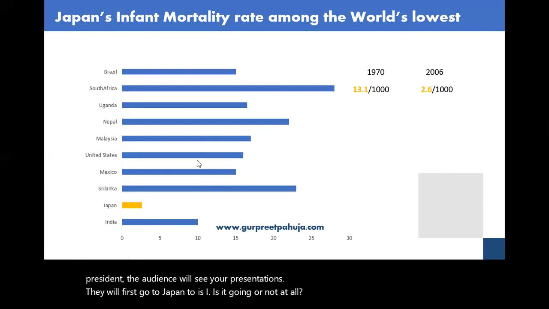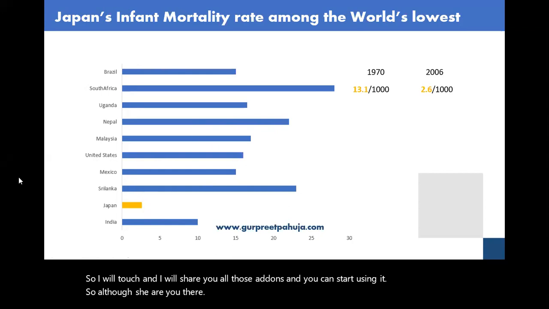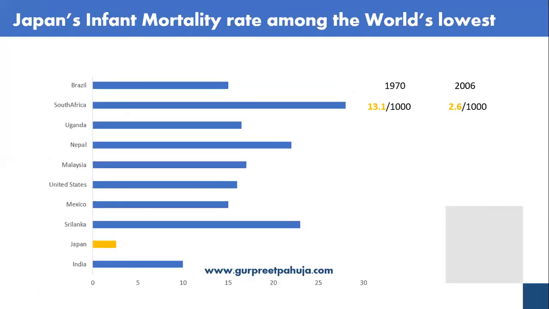Yeah, it is. So Sachin, I will share all those add-ins with you, and you can start using them. Rushi, are you there? Yes, Gurpreet. See, guys, if you see, your eyes are automatically going to Japan, and you're going to those numbers 13.1, 2.6.